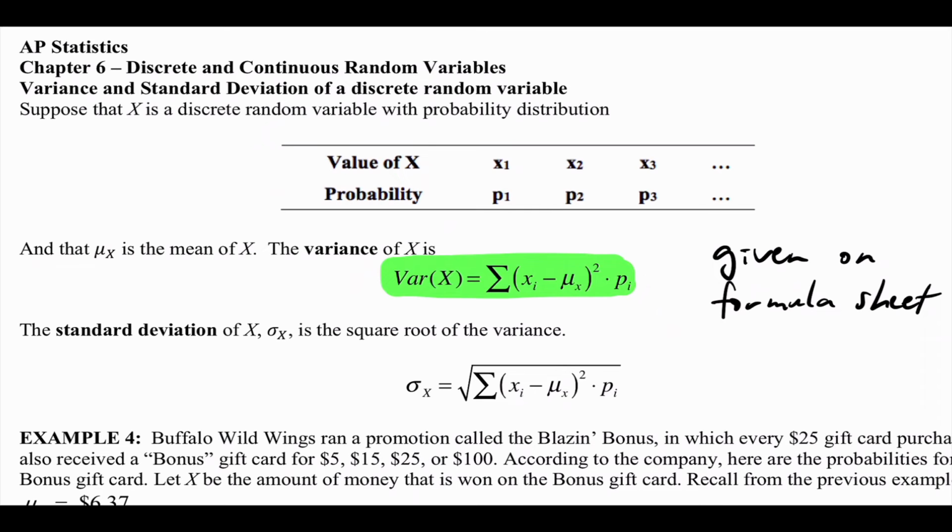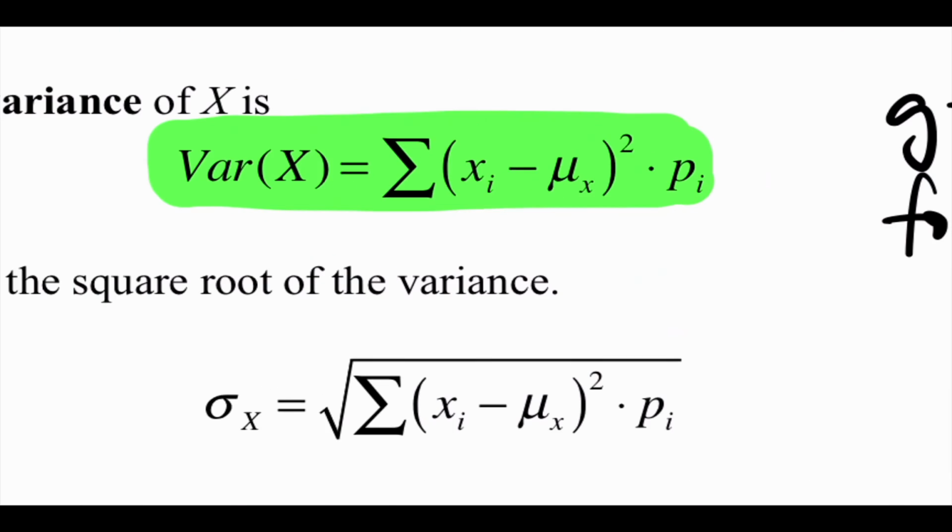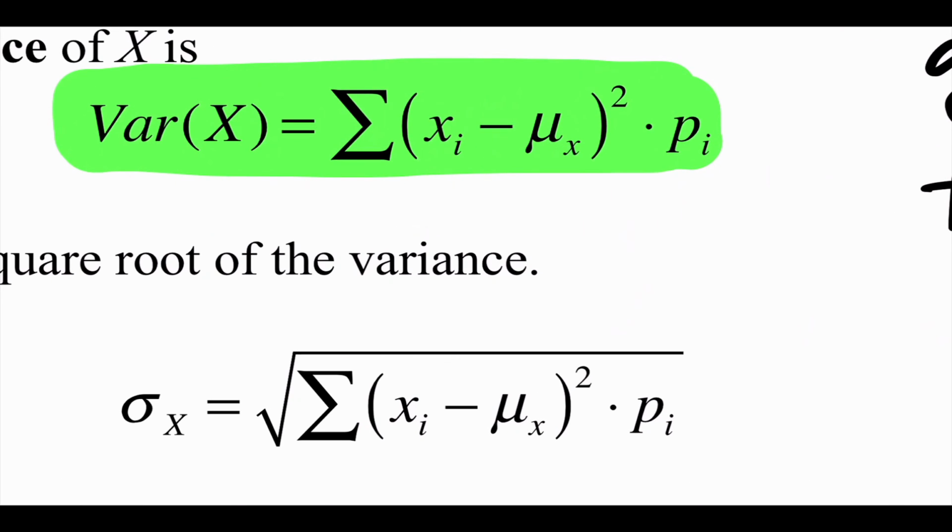But here's the thing. Standard deviation goes with variance. So if you dig back in your notes enough, you'll see variance. Variance and standard deviation go together. How are they related? What's the difference between the green one and the not green one? Square root, right?